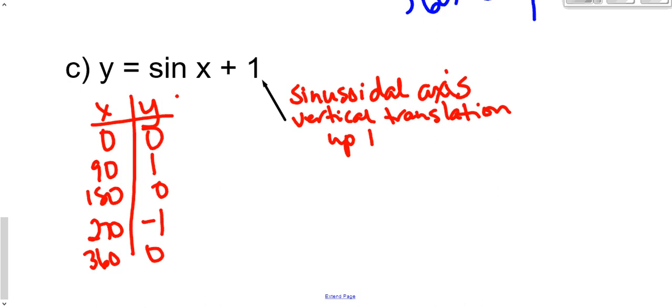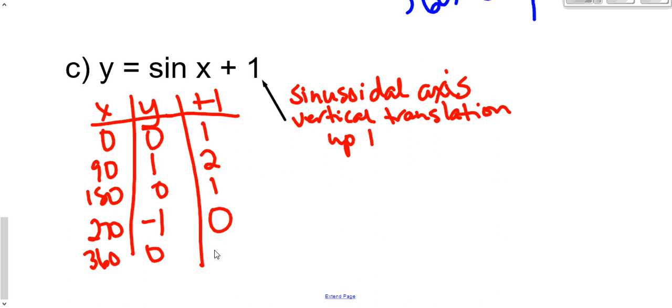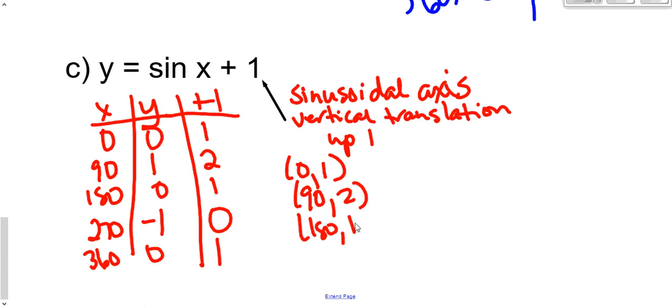And this plus 1 is added to the whole function. So I'm going to add it to my y values. 0 plus 1 is 1. 1 plus 1 is 2. 0 plus 1 is 1. -1 plus 1 is 0. And 0 plus 1 is 1. So these now become my new points.